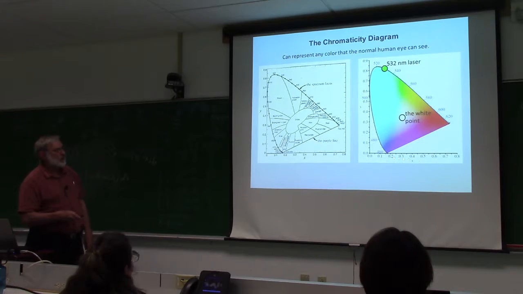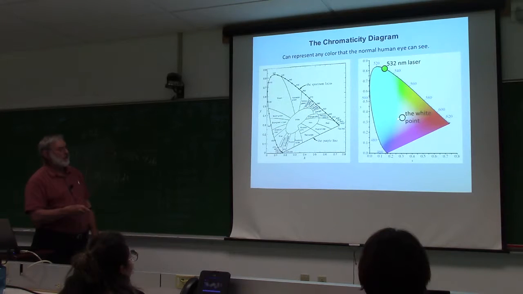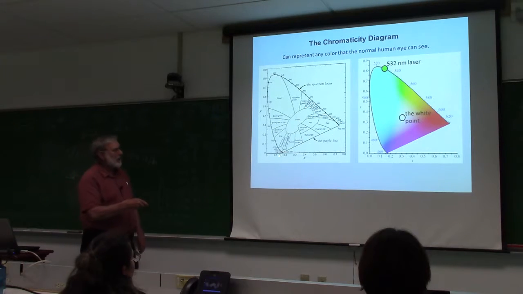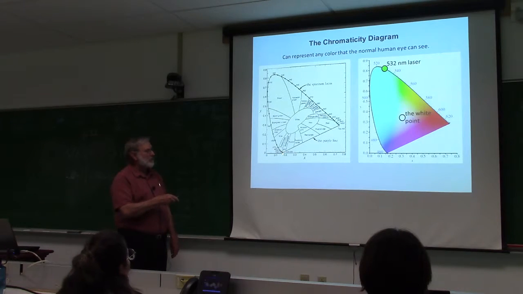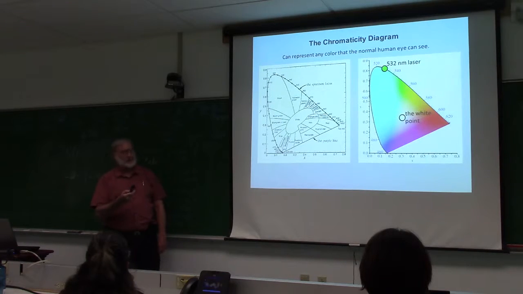So here's the x, y axes, and remember a white spectrum is 1/3, 1/3, so that's called the white point. And then around the edges here, from the bluest you can see at somewhere around 400, all around the edge until you get out into the infrared, is called the spectrum locus.